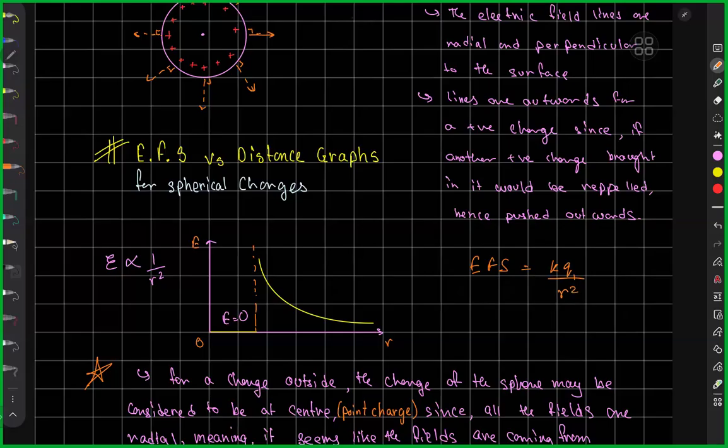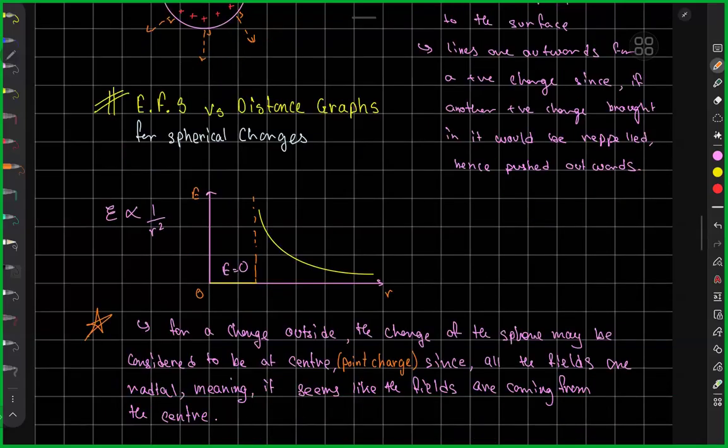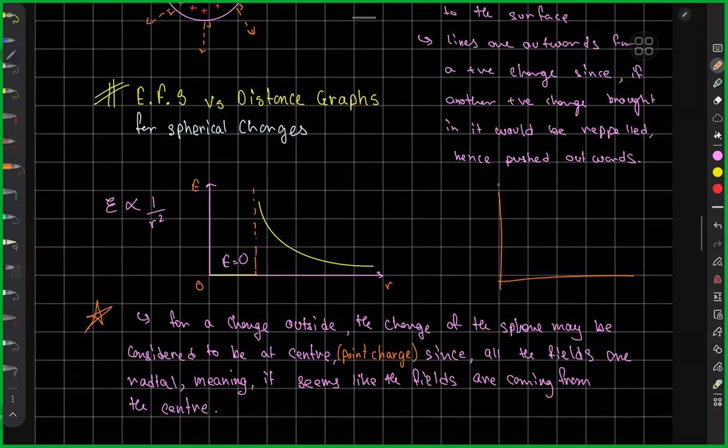We remember this, right? And this is a typical y equals 1 by x squared curve. From this, you understand that if drawn as a graph, it will look something like this.